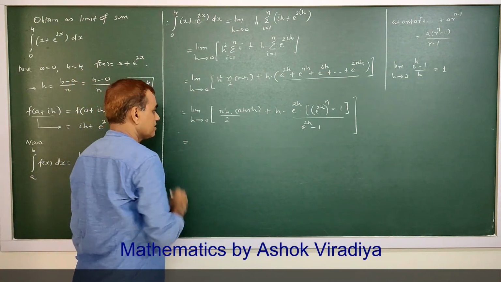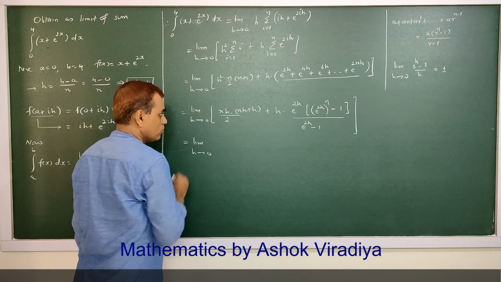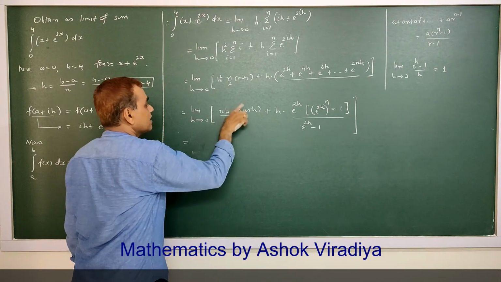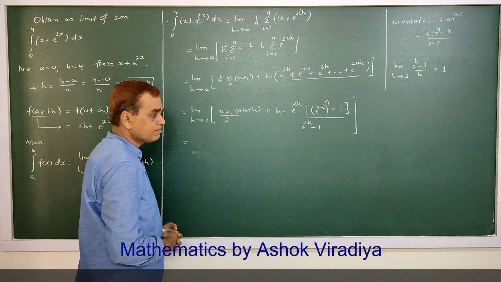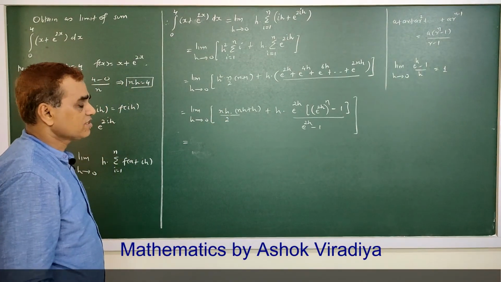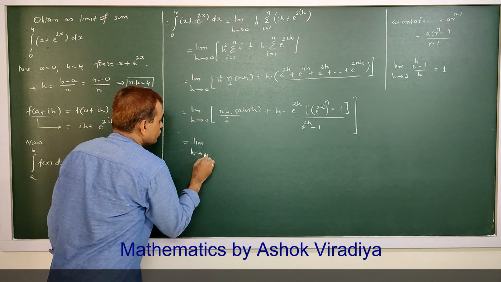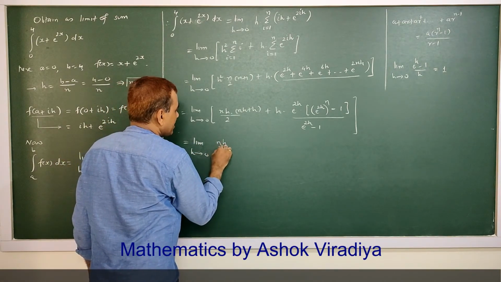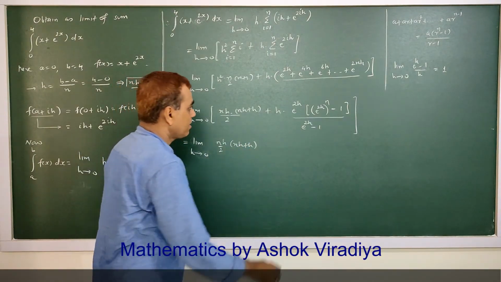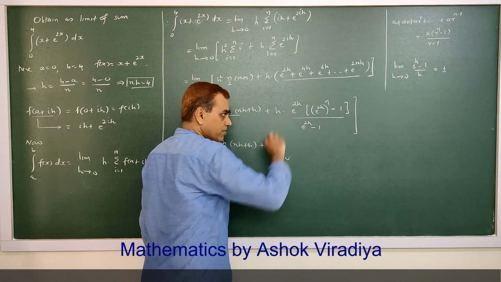Now see, giving a limit to this: wherever we find nh, first of all we do separation of limit, limit h tends to 0, nh by 2 into nh plus h, plus limit h tends to 0 of the limit of this number.